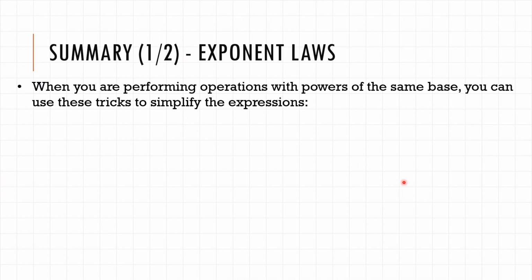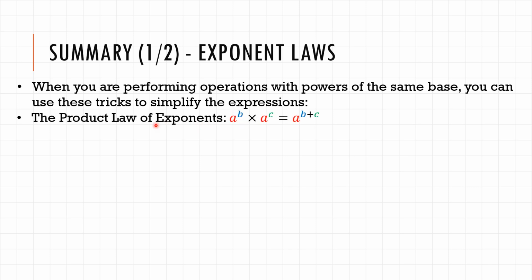So our first little summary here is that when you're doing operations with powers that have the same base, one thing you can do is you can use some tricks to simplify what your expression is before you start actually solving it so your numbers don't get too big.